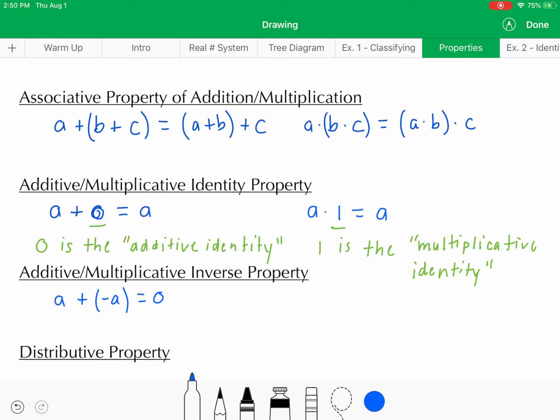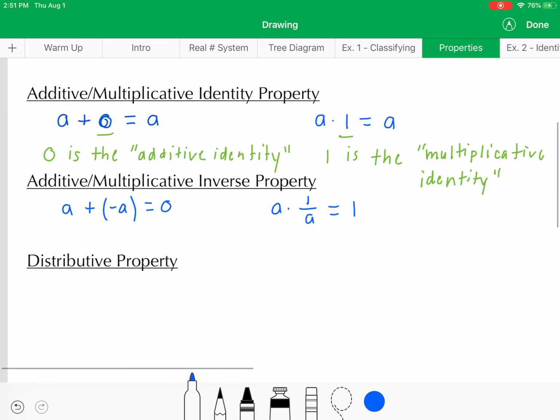Notice what it's resulting in, 0, which is the additive identity from above. In terms of multiplication, a times 1 over a equals 1. A and its reciprocal, 1 over a, are considered multiplicative inverses that result in a product of 1, the multiplicative identity.